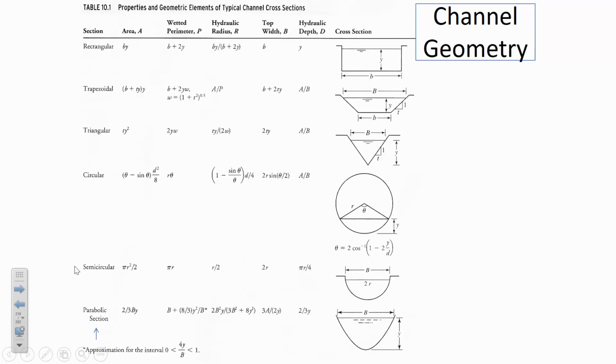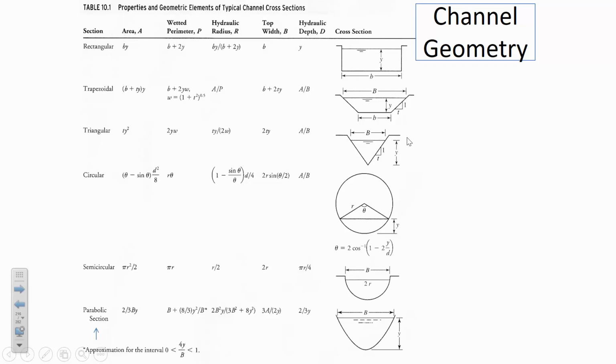In your book, there's a table, table 10.1, that has the geometric parameters of area, wetted perimeter, hydraulic radius, top width, and a parameter called hydraulic depth for a huge variety of different channel shapes.